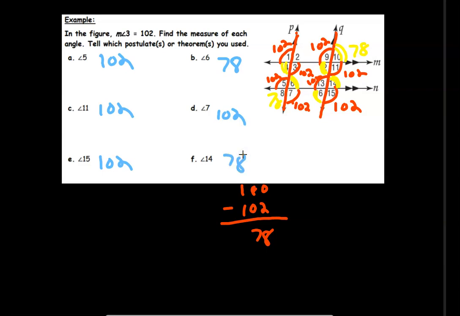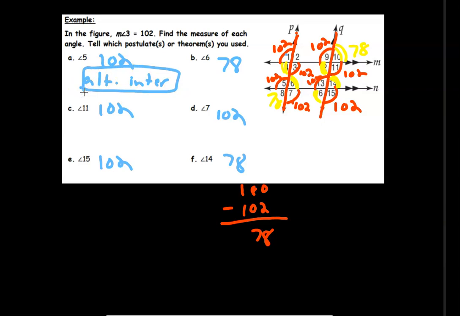And it says state the theorem that goes with it. So angle 5 is 102 because angles 3 and 5 are alternate interior angles formed by parallel lines cut by a transversal. I'm just shortening that, saying alternate interior.